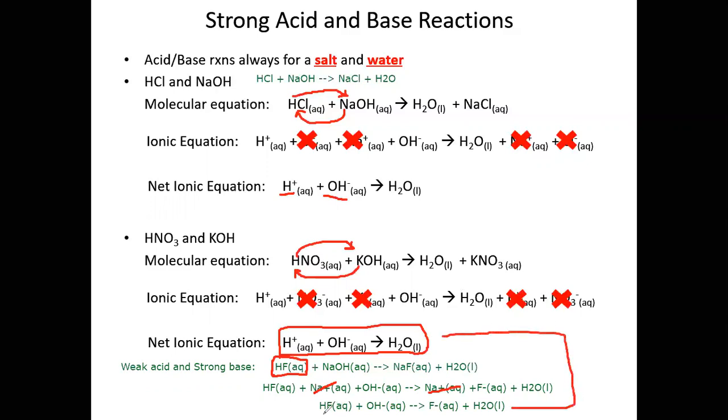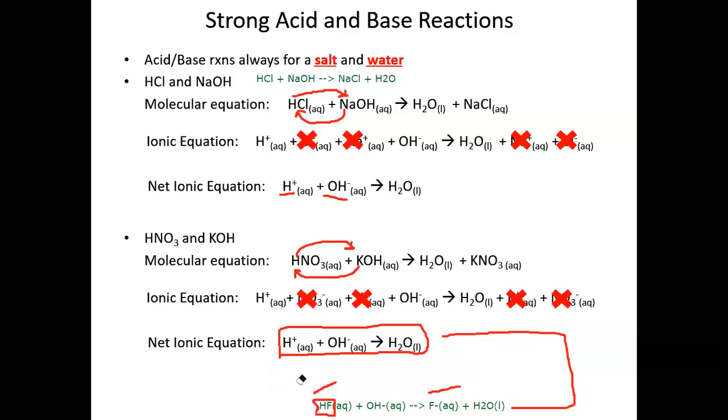So for a weak acid, the reacting species is the molecule of acid, HF. So this is a weak acid and strong base. If I was to show you a strong acid and weak base, let's say we want to do one with a strong acid and weak base.